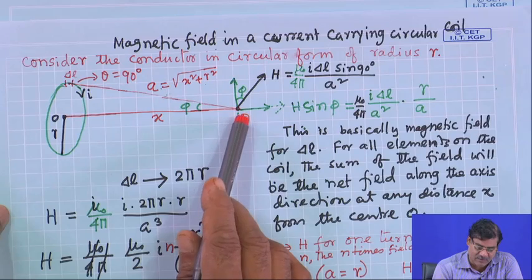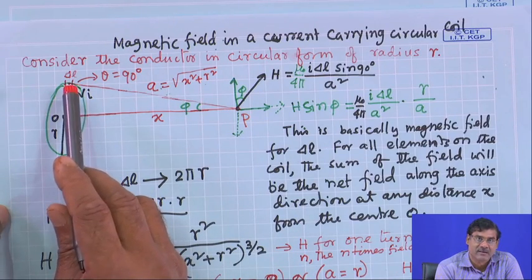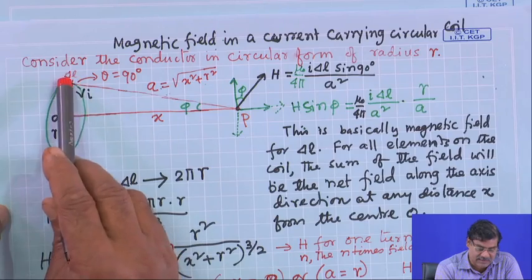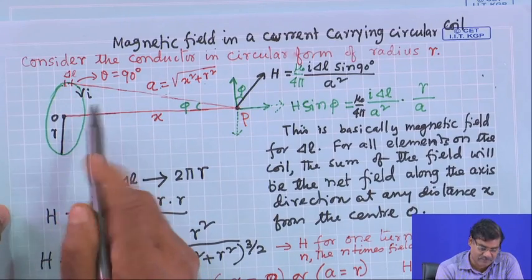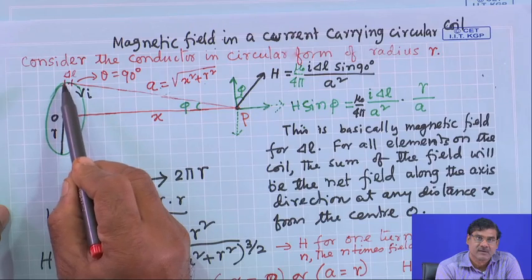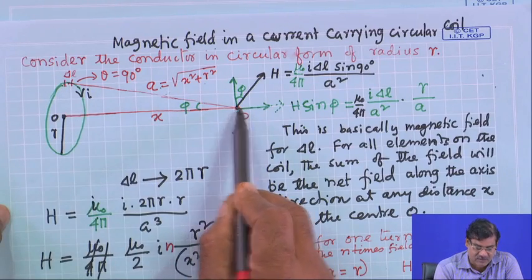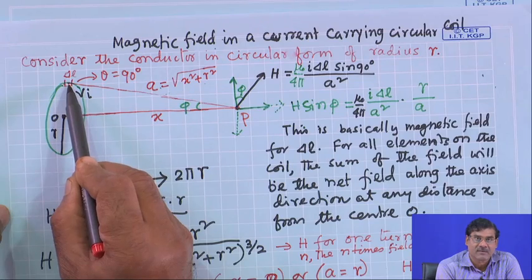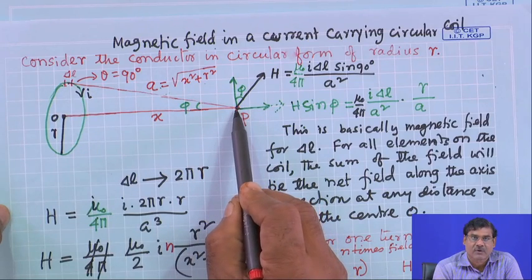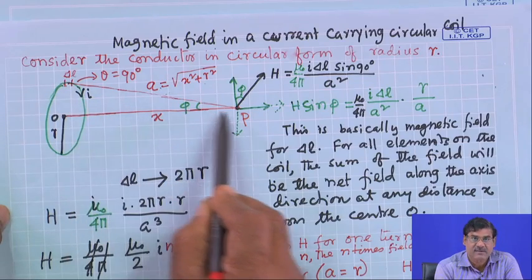So, according to Biot-Savart law, let us take an element of this conductor, this small part dL. So, due to this element, what is the magnetic field here? So, the middle point of the element and the point where we want to find out the magnetic field, let us connect it.